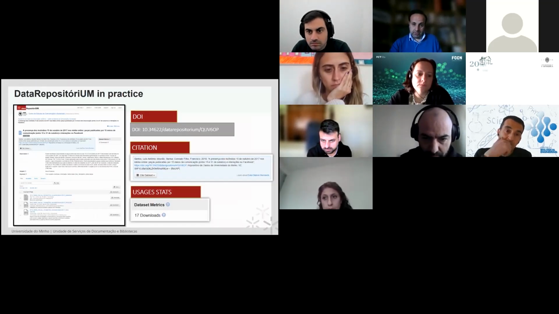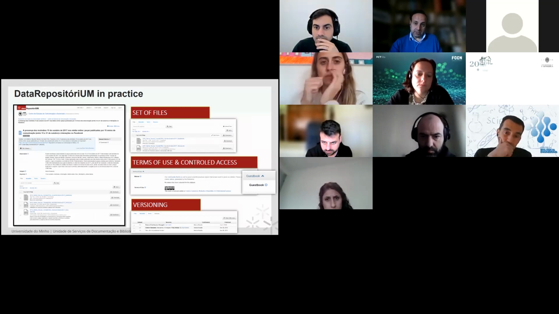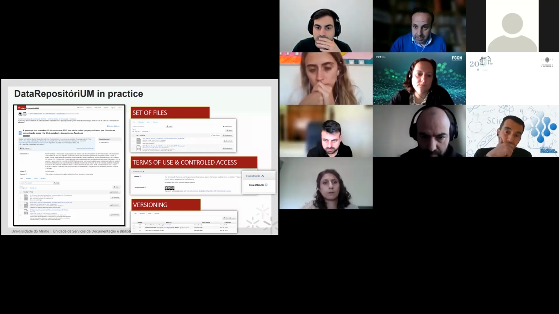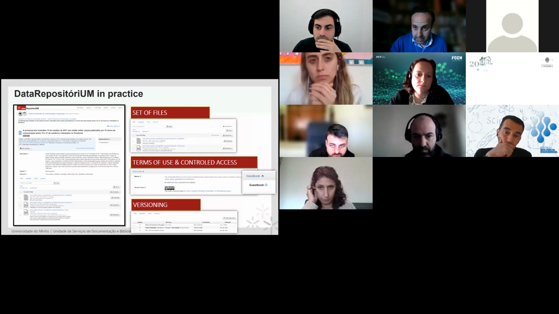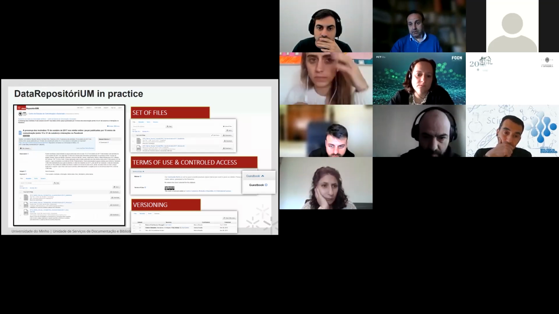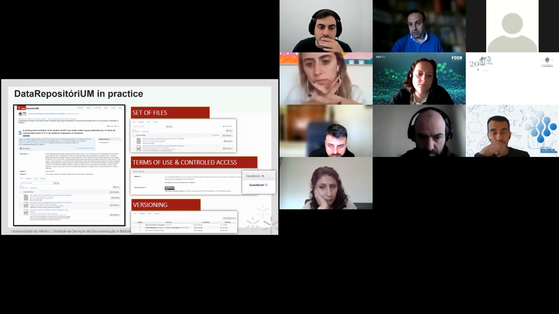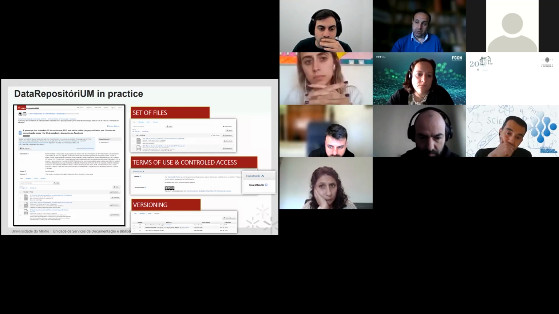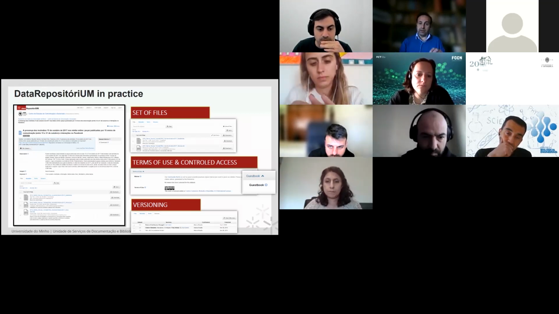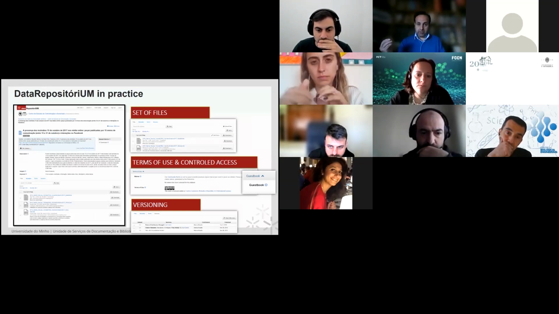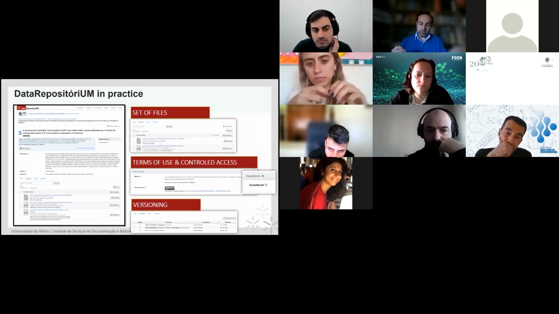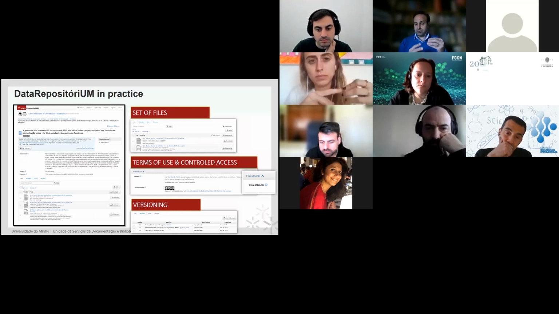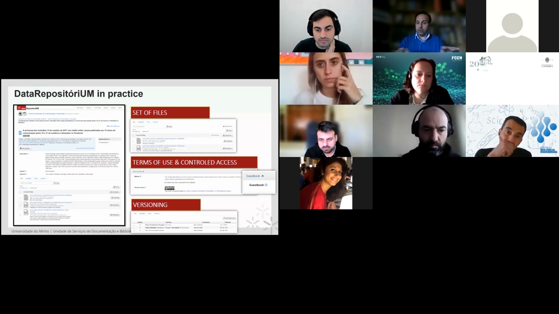But this is important. Set of files, you put the files, and maybe for example, in this example, you have a methodological note and also then the file. Terms of use and versioning. What is interesting in the terms of use is that you have the possibility to create guest books, to have a different control. You can have the closed and the open and the embargoed, but then you can have a guest book, that is, you create a kind of form.